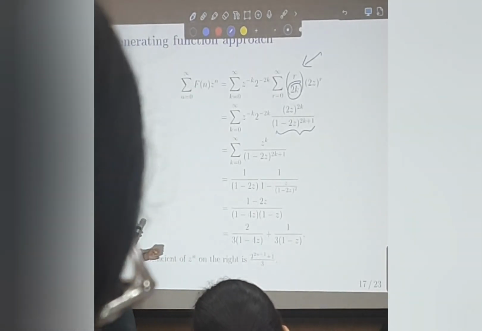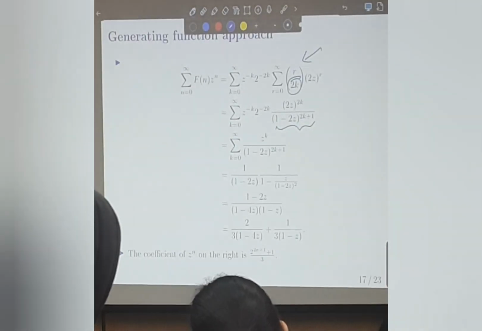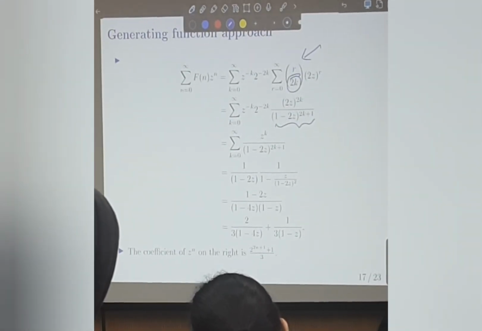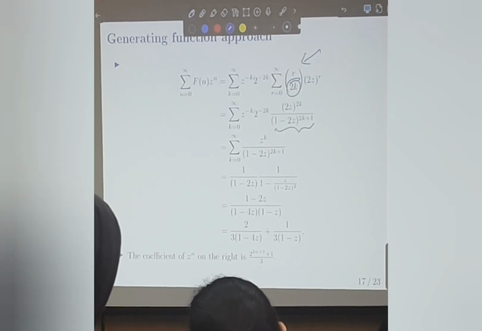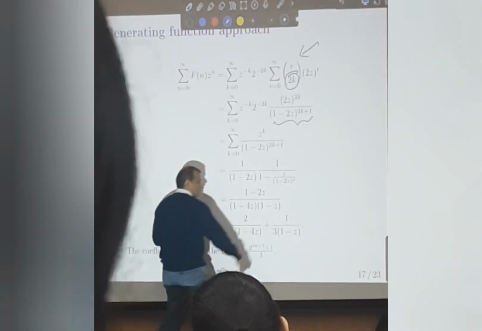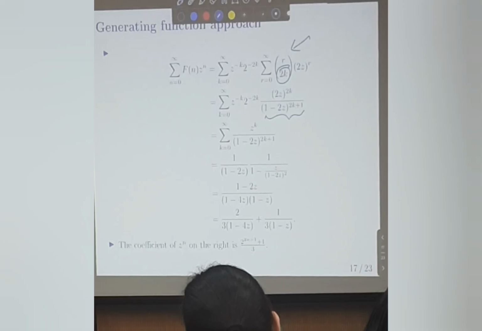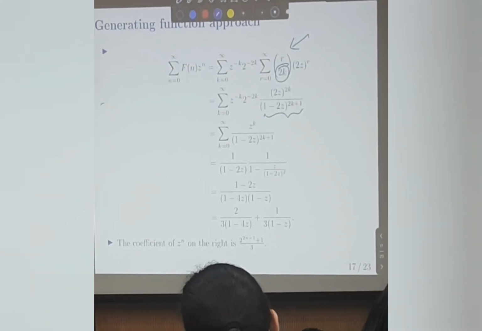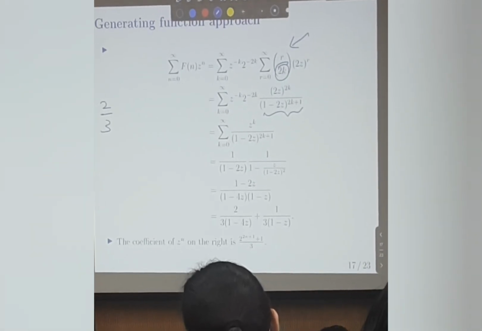Now what I'm interested in is the nth coefficient. My goal was to find the nth coefficient of this f of n. So all that I need to do is look at the nth coefficient of this and the nth coefficient of this, and then consider the sum. What is going to be the nth coefficient over here? It's going to be 2 by 3, and it's a geometric series, right?